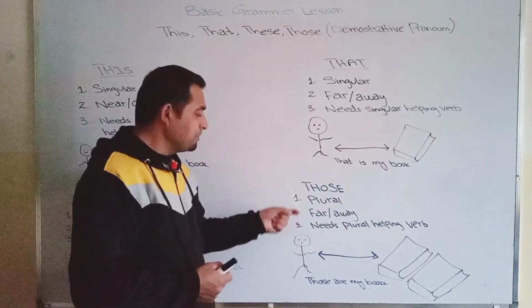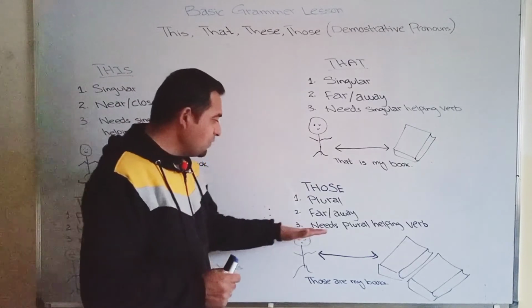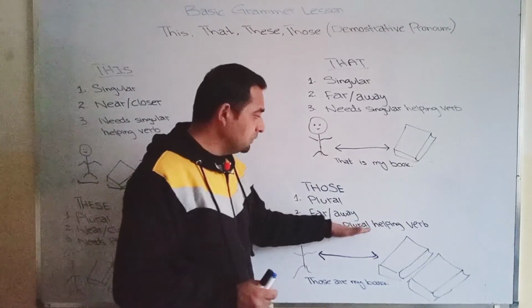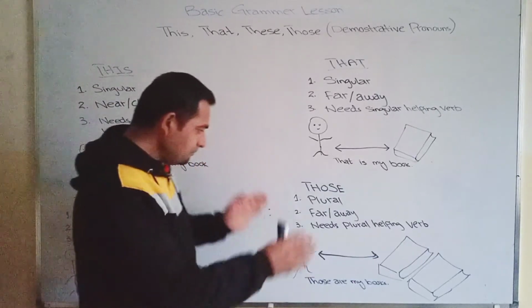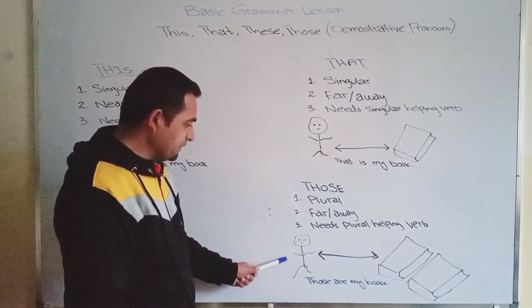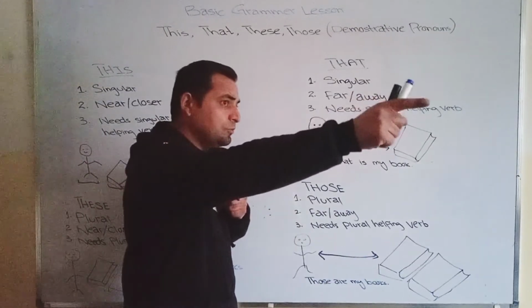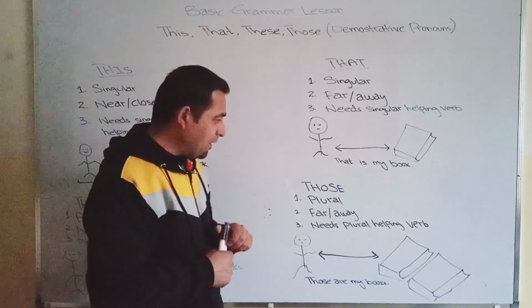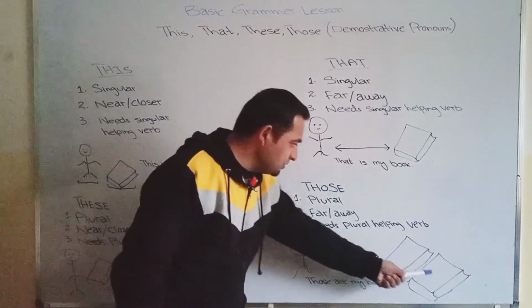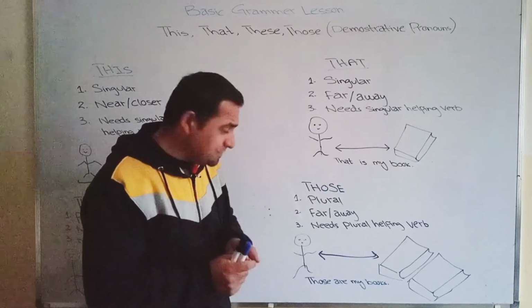And the last thing, that when those is used as a subject in a sentence, it needs a plural helping verb. Let's look at this example. The person standing here refers to the book saying, those are my books. Now, let's count it 1, 2. It means it is in the plural form, not book, books, right?